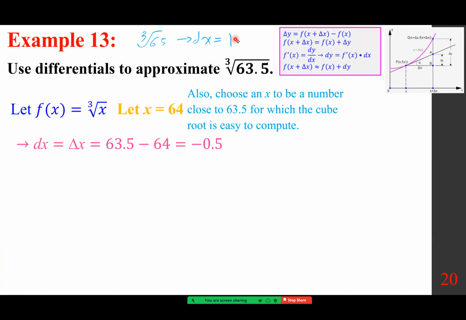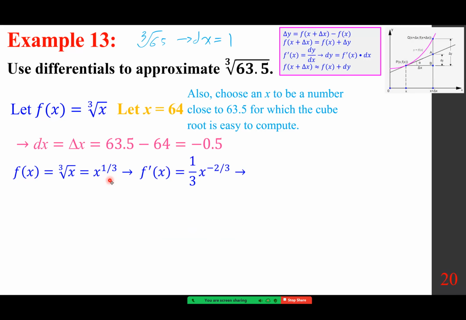Therefore, we need to find f of x plus dy. To do that, we are going to differentiate this. So just as before, we differentiate, which is simply 1/3 x to the power of negative 2/3, right?